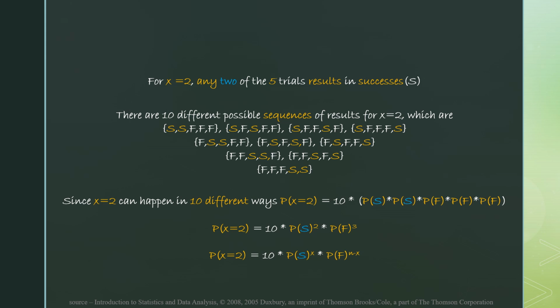Which can be rewritten as probability of x equals 2 equals 10 multiplied by probability of S raised to the power x multiplied by probability of F raised to the power n minus x.